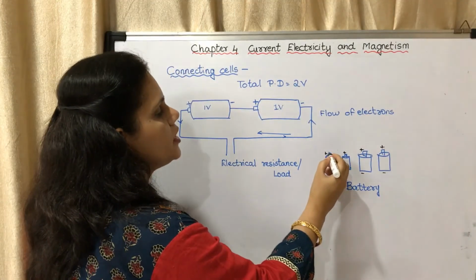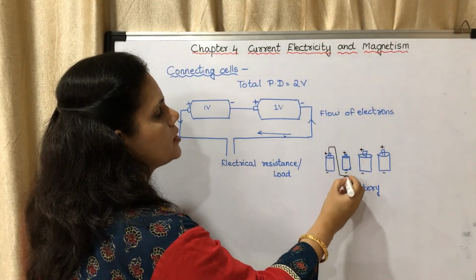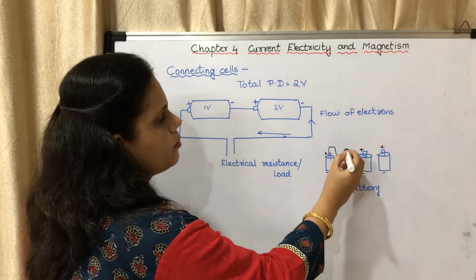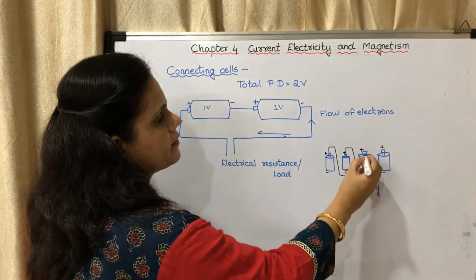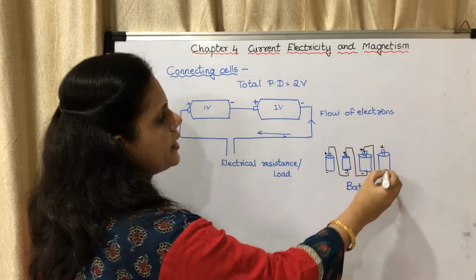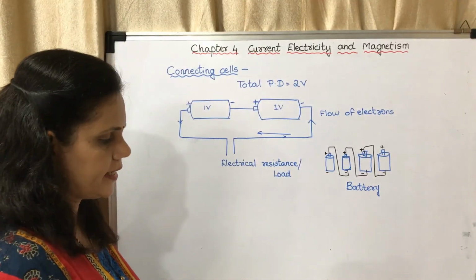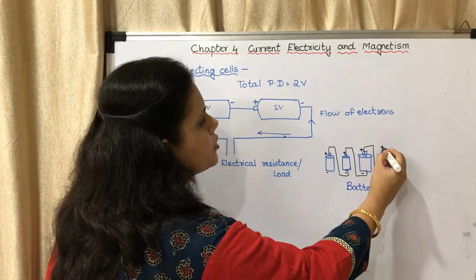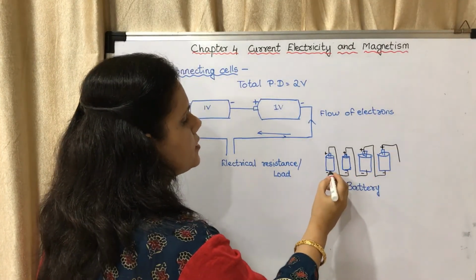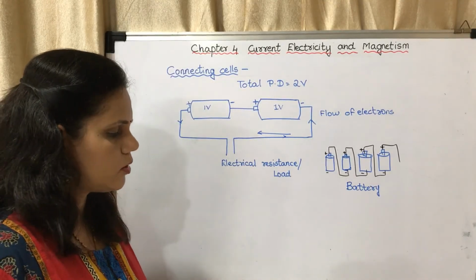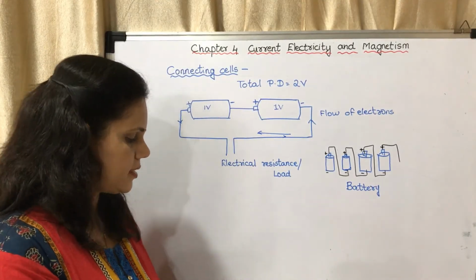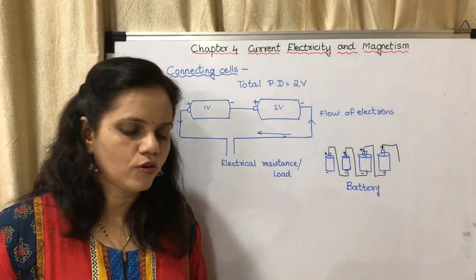So when you connect it, you have to connect the positive to the negative, positive to the negative, positive to the negative. This is how you will connect it. It is then connected to the circuit. You may see it on page number 26, figure 4.5.